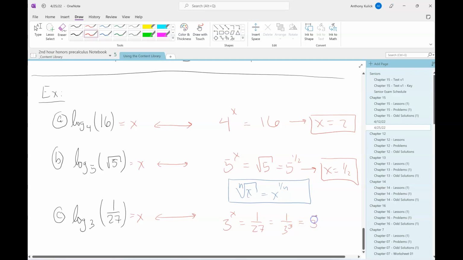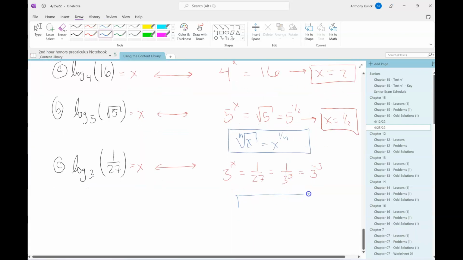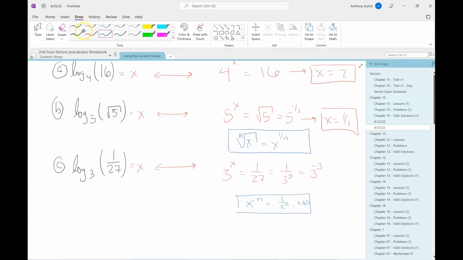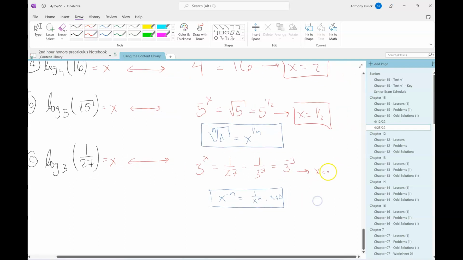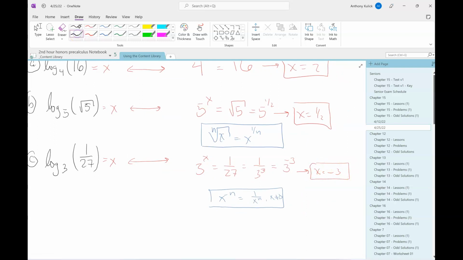And I remember that the negative exponent makes a reciprocal. So that tells me then x is -3. Still doing okay?